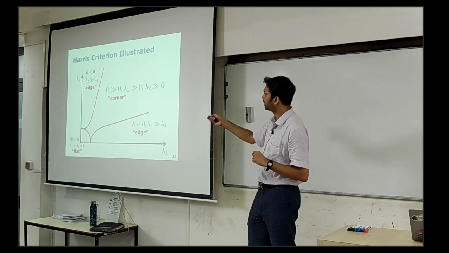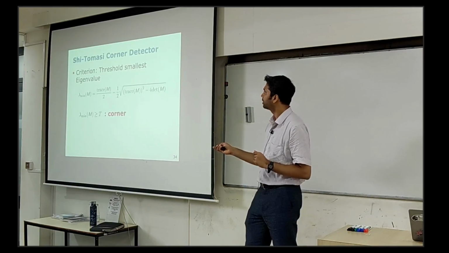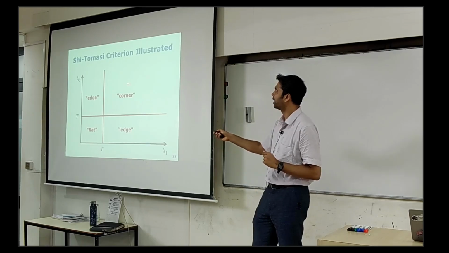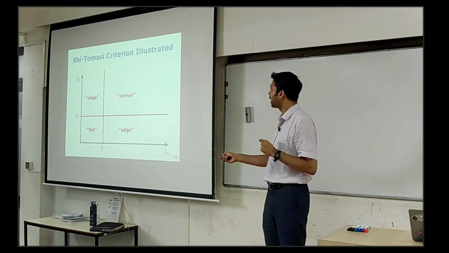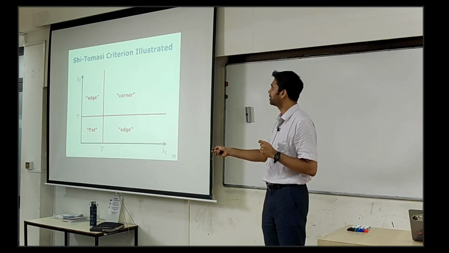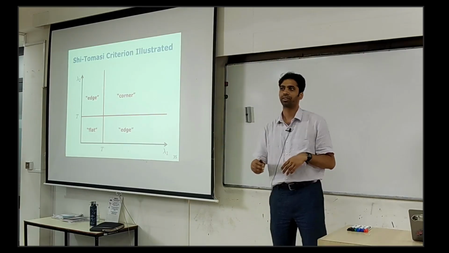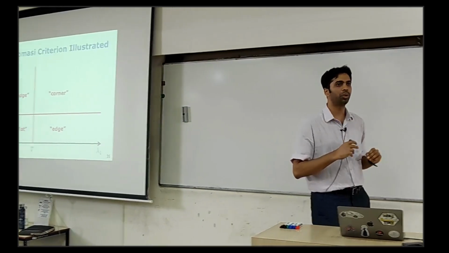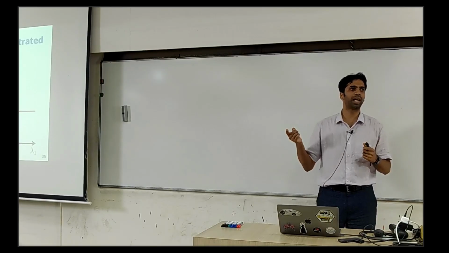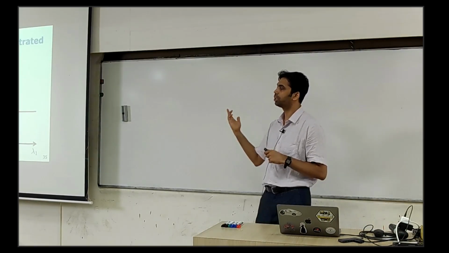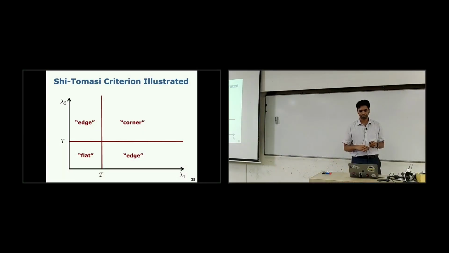The Harris detector's graph looks a little bit like this. It's a complex shape, whereas the Chebrolu detector would look like this. Since you're only looking at the smaller eigenvalue, if it falls here, it's flat. If it falls here or here, it's an edge. And if it falls here, it's a corner. So this is a much simpler test to do. And therefore, oftentimes when you're doing visual odometry, where you have to do this multiple times, you end up using the Chebrolu detector because it's a little bit faster to calculate.